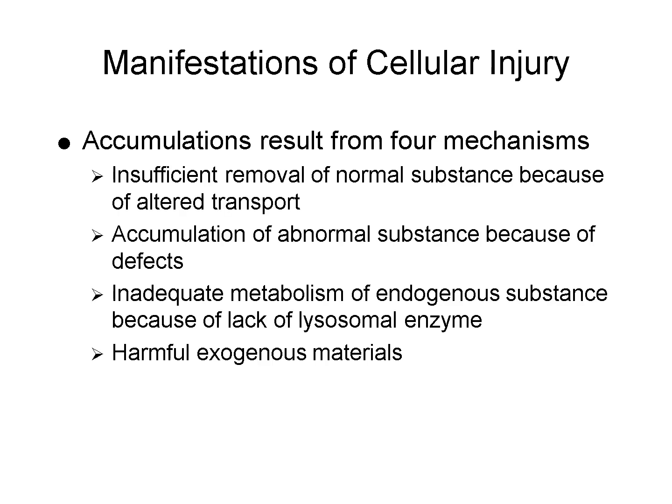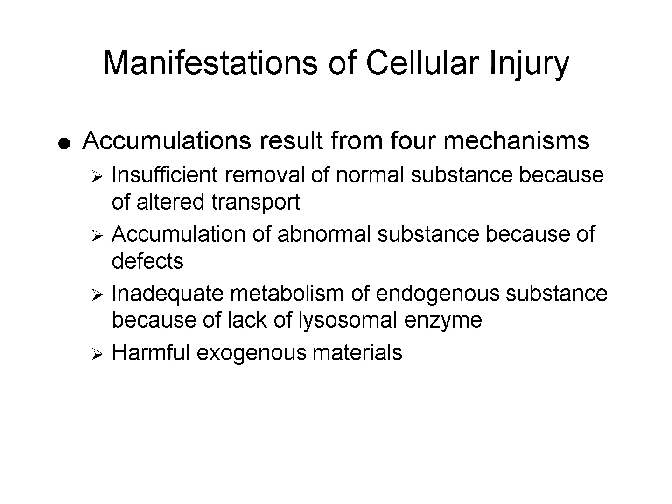Cellular accumulations can arise through four primary mechanisms. First, there may be insufficient removal of normal substances due to problems with cellular transport systems. Second, cells might accumulate abnormal substances because of defects in their synthesis or metabolism.